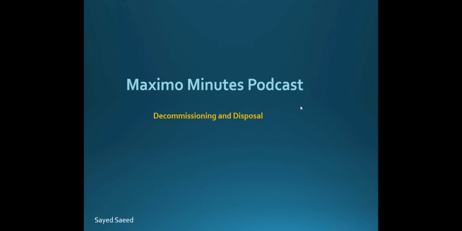Why is this important? Because your historical data, cost, downtime, failure patterns, all contribute to better decision making and future purchases. This is what makes Maximo more than just a CMMS. It's a strategic tool for asset investment and planning.